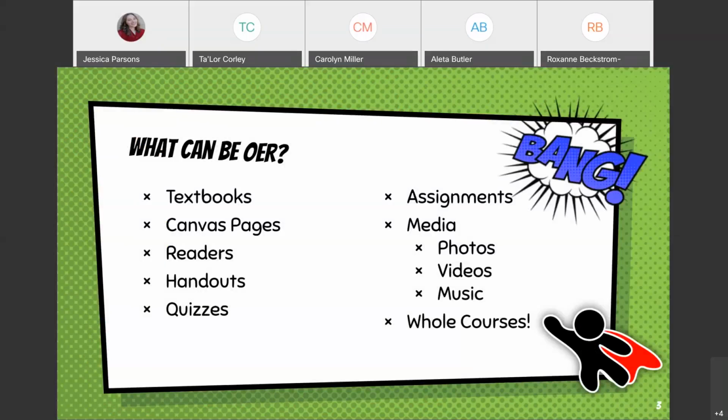We're also assisting instructors with formatting the content for their Canvas courses. And one of the more fun parts of our job is finding the appropriate media for these OER courses, and we sometimes come across entire assignments and entire courses that we can use or modify. OER can also be original content that we create ourselves or others create.